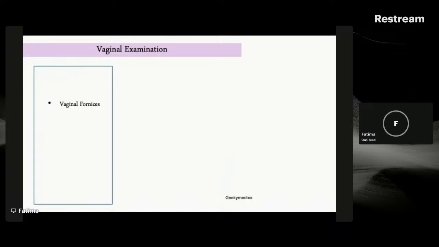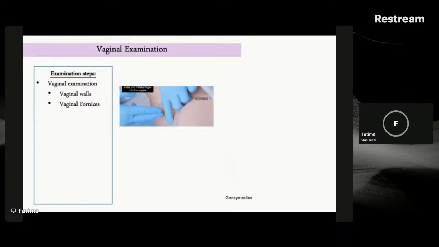Then, in terms of your vaginal examination, you're examining the vagina by inserting 2 fingers and asking if they're okay when you're doing this, okay? So make sure that they're comfortable during the procedure. Although it isn't the most comfortable, if you keep asking them if they're all right, it puts them at ease.